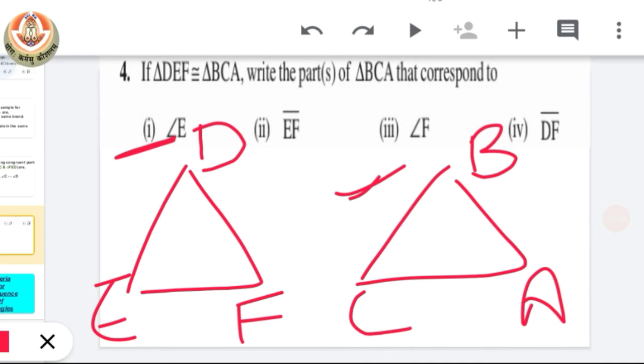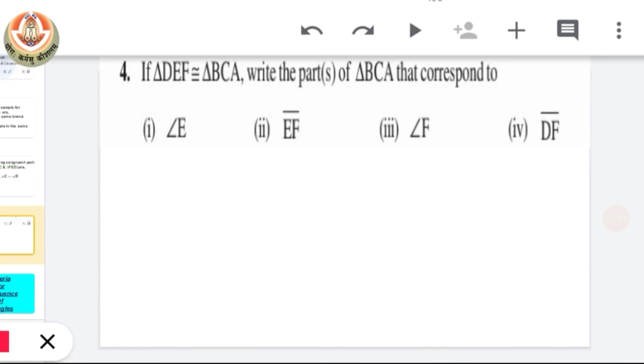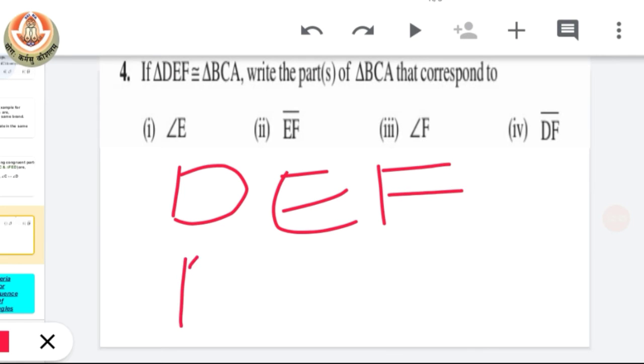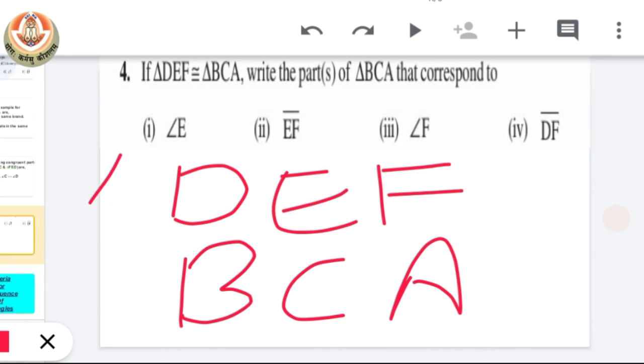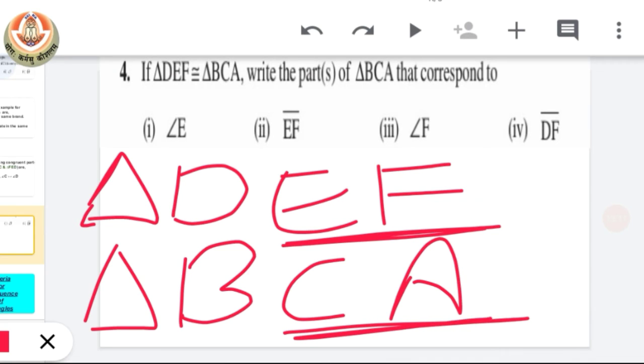Another way to find the answer to this question: we are given that triangle DEF is congruent to triangle BCA, and we have to find the congruent part of angle E. Angle E is congruent with angle C, so the answer is angle C. The next is the congruent part of side EF, so the corresponding side is CA.